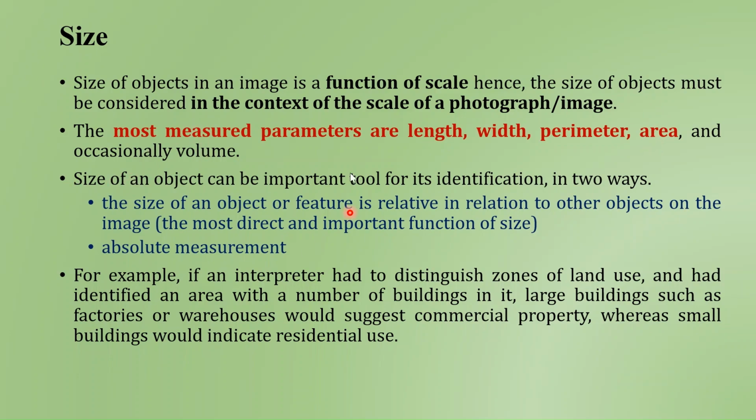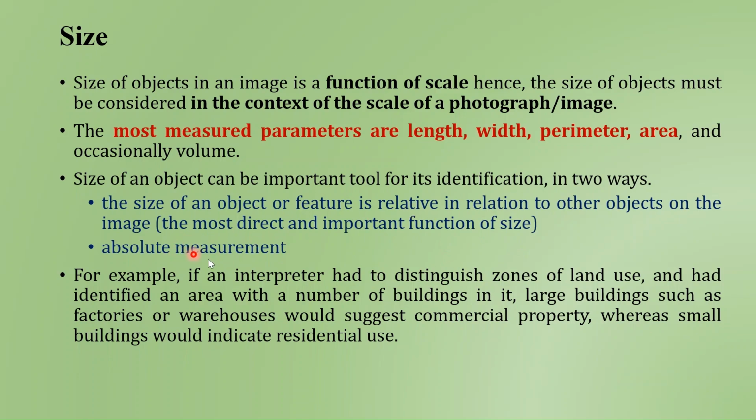Size of an object can be an important tool for its identification, because the size of the object or the feature is relative in relation to the other objects on the image. So this is the most direct and important function of size, because by comparing the size of two objects or two features, we can clearly distinguish them from one another.